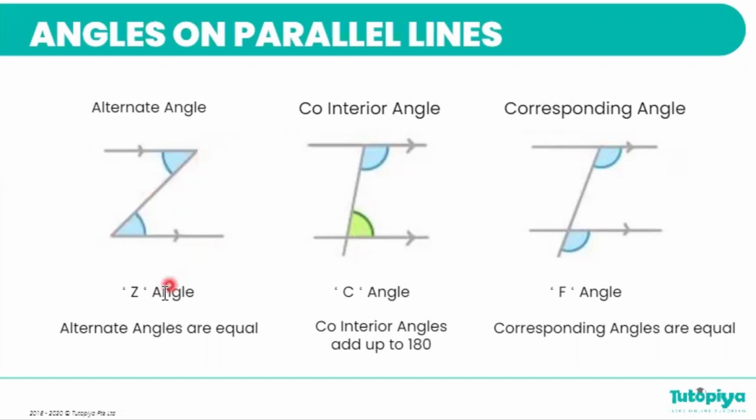This looks like the letter Z, and we can also sometimes call these Z angles. The relationship between our alternate angles, the angles within this Z, is that they're going to be exactly equal. So if my angle here was 60 degrees, then the angle over here would also be 60 degrees.